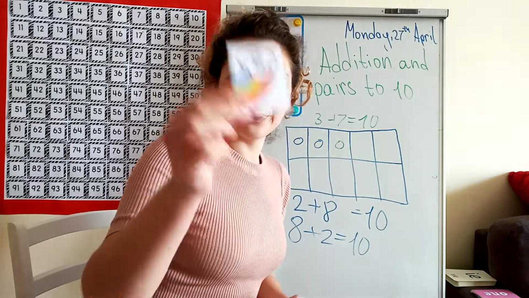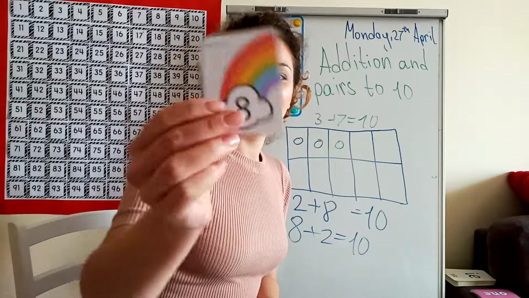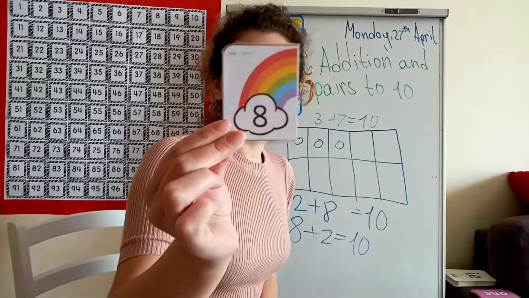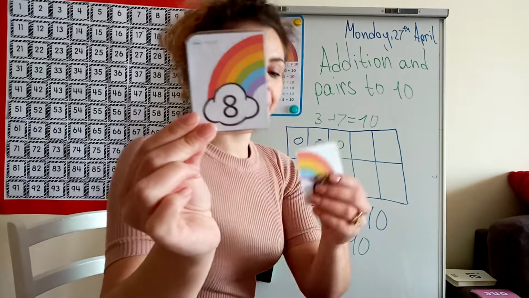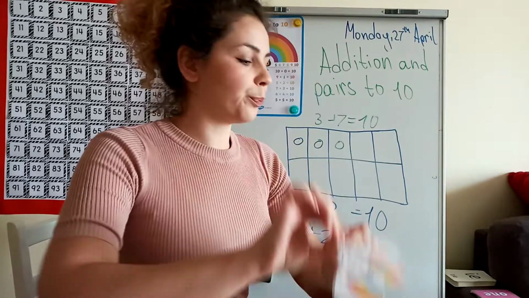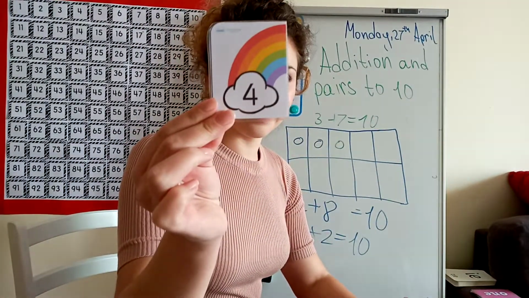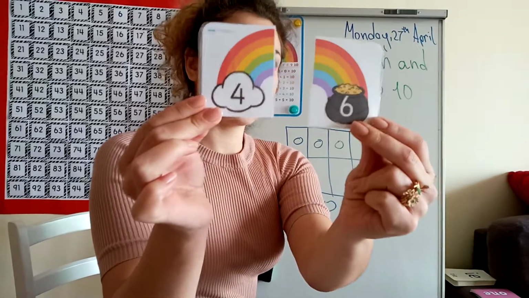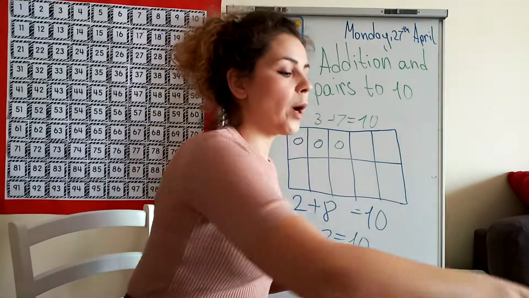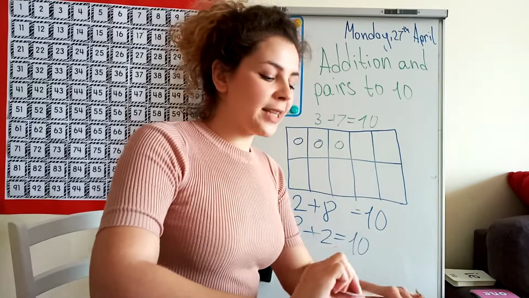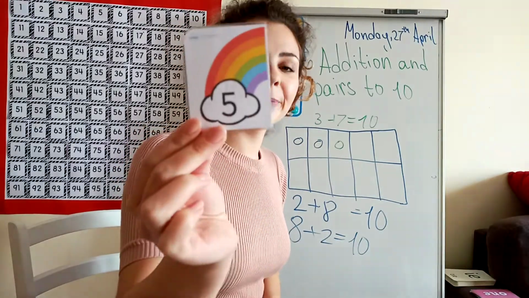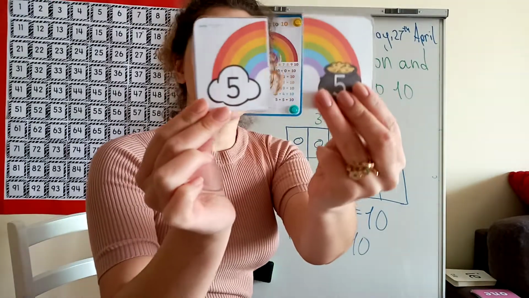So let's begin. What is the number pair to 8? 2. What is the number pair of 4? 6. What is the number pair of 5? 5.